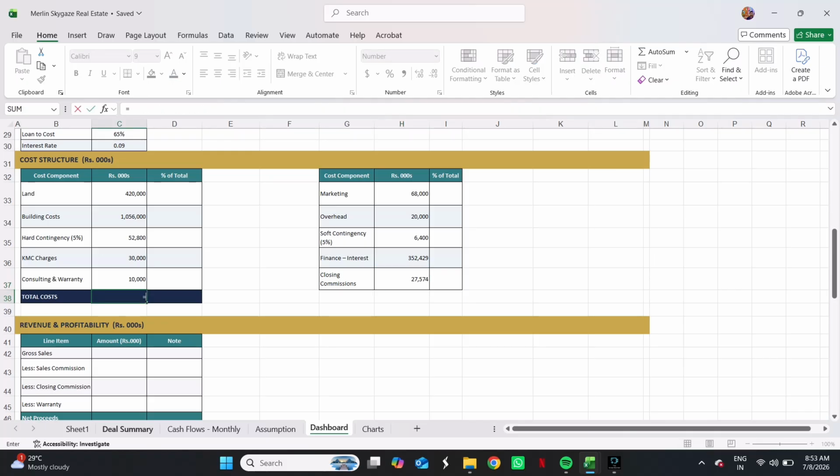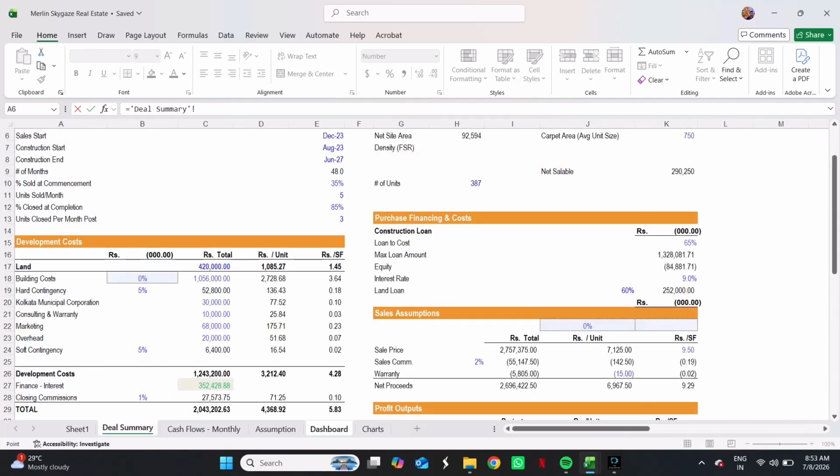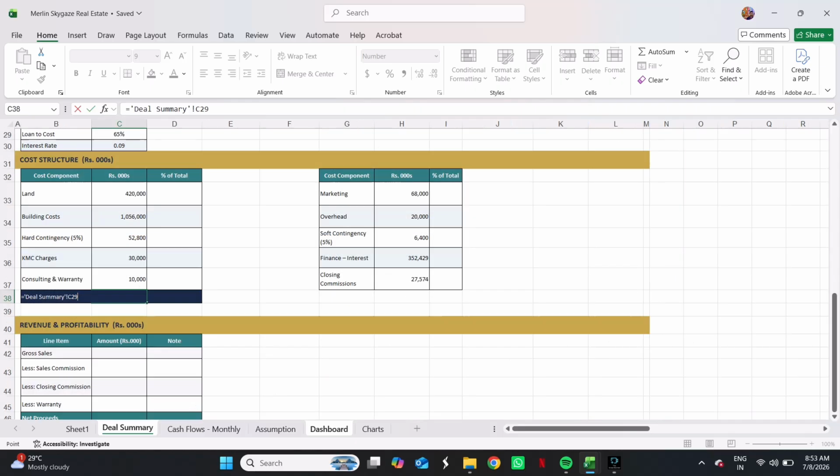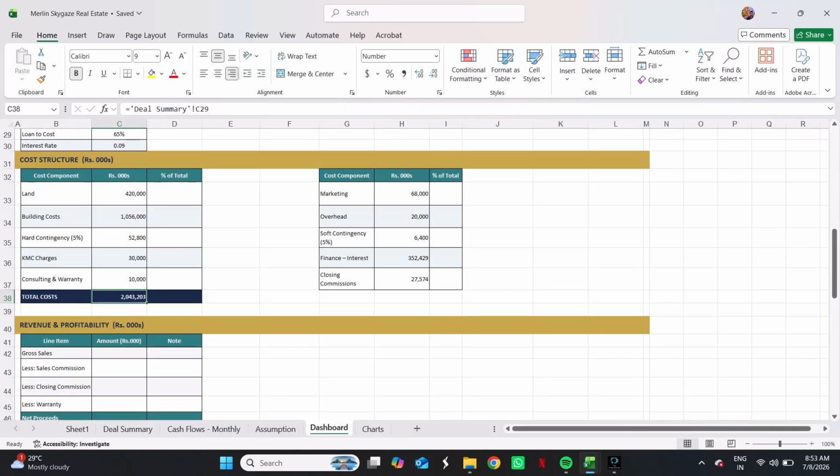Done. So our total cost is equal to 204,202. The percentage of total land cost is total land cost divided by total cost, therefore 20.6%.